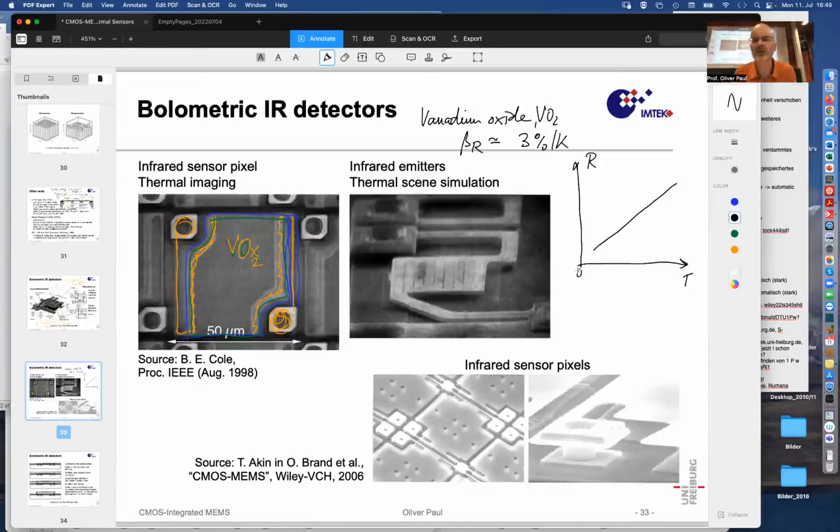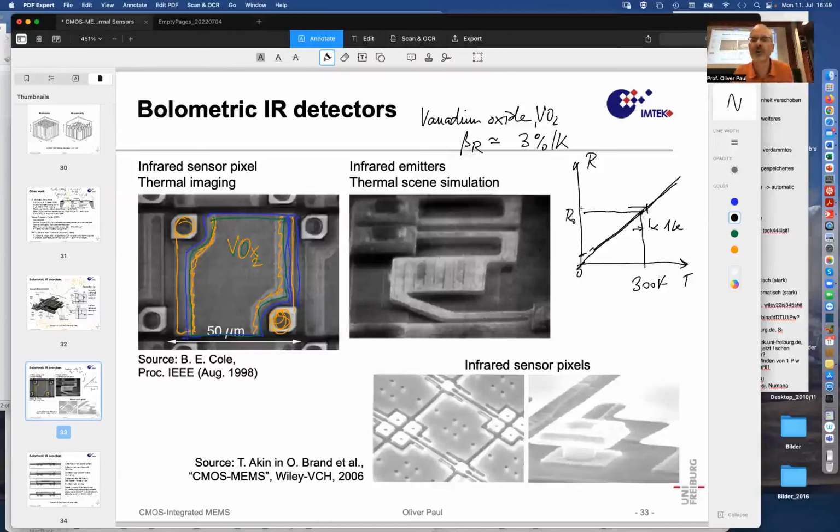And it goes almost through zero at absolute zero. Maybe some deviation. But it means that, for instance, at 300 Kelvin, if you change the temperature by 1 Kelvin, the change in resistance will be 1/300th of the resistance value at 300 Kelvin.